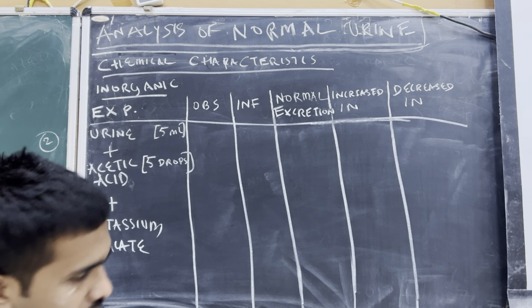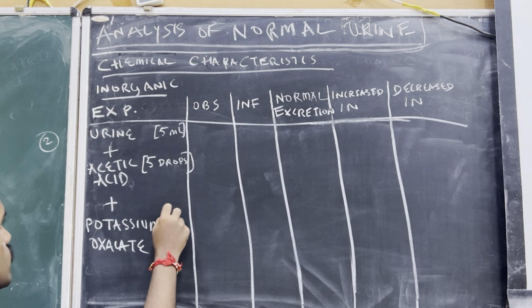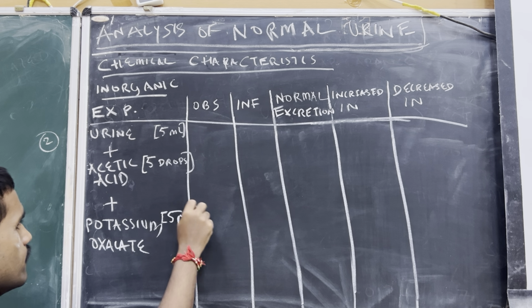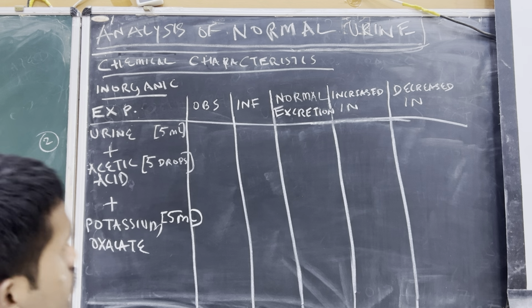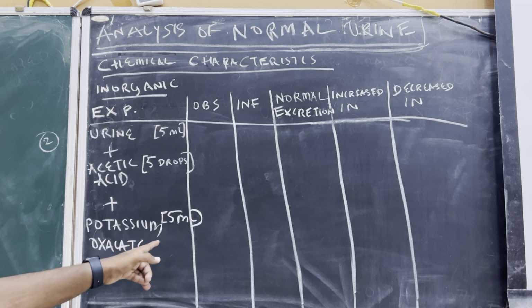We take 2% potassium oxalate. This is also 5 ml. So 5 ml, 5 drops, 5 ml.